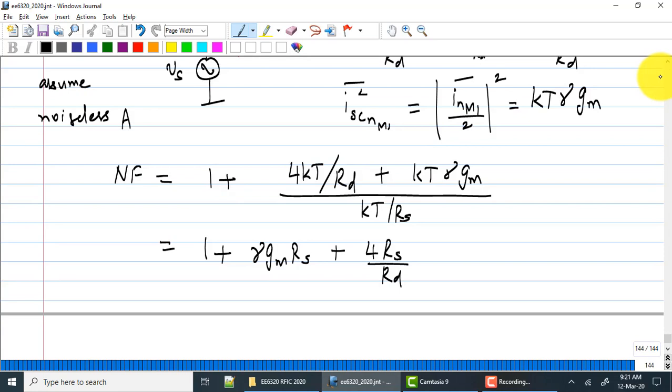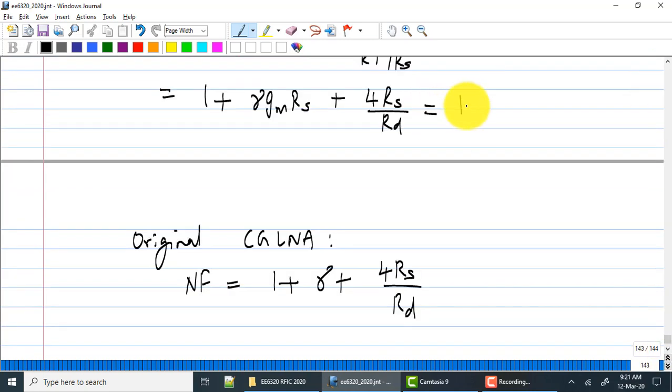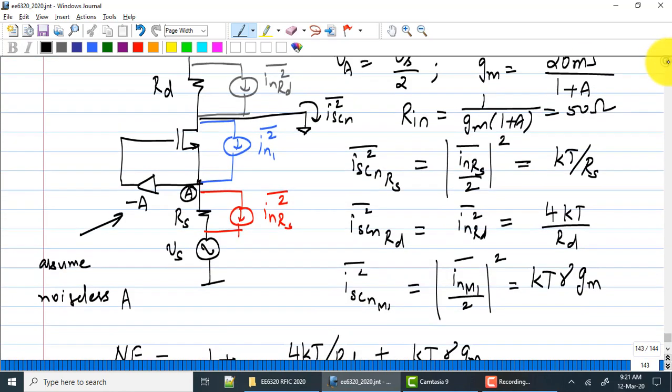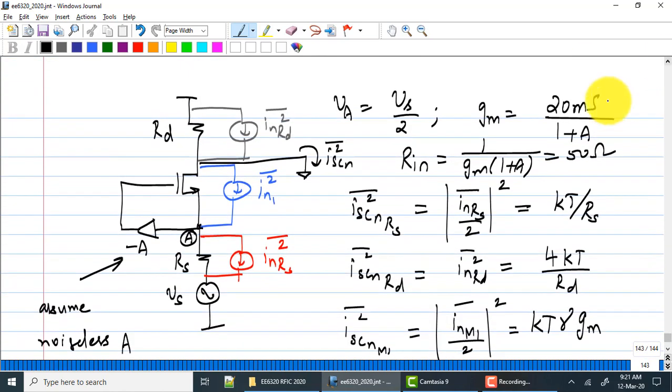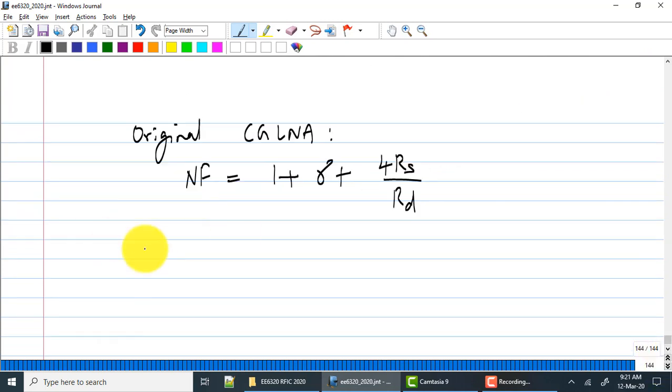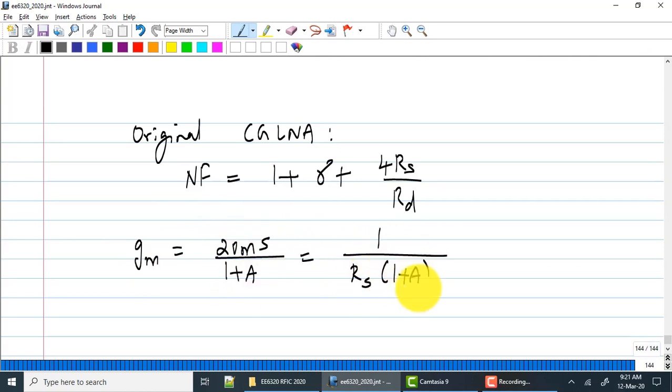If I were to write this in a different way, I'm running out of space, I'll just write it on the next. This is what you chose. So GM RS is 1 by 1 plus A. Okay, it's a very small number.